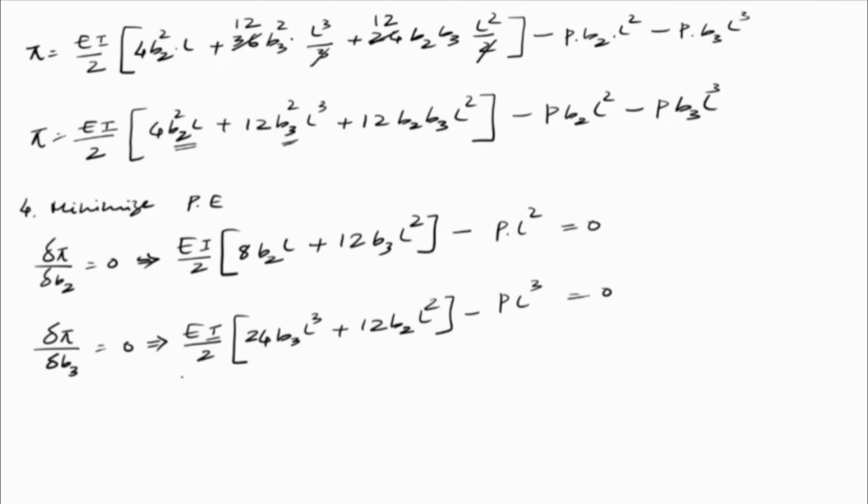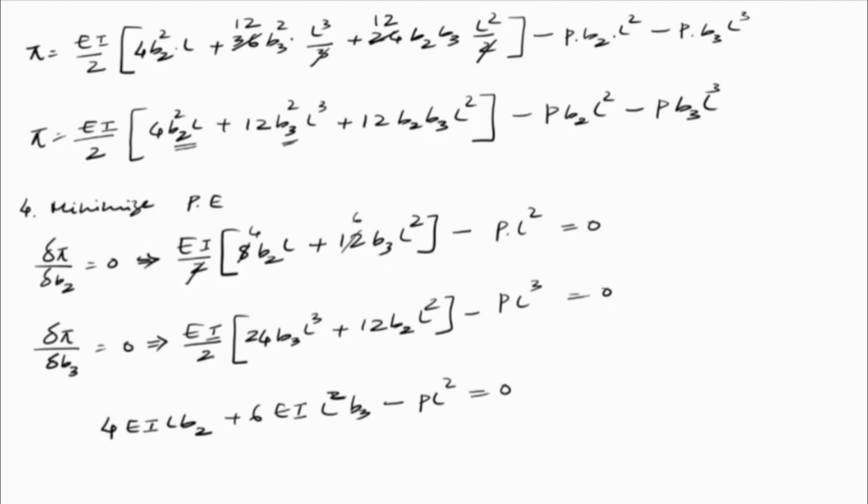So further, I'll take this EI inside the bracket. So it is 2, this is 4. Therefore, what I am going to get? 4 EI L b2. Then it is 2 and here it is 6. So it is plus 6 EI L square b3 minus P L square is equal to 0.